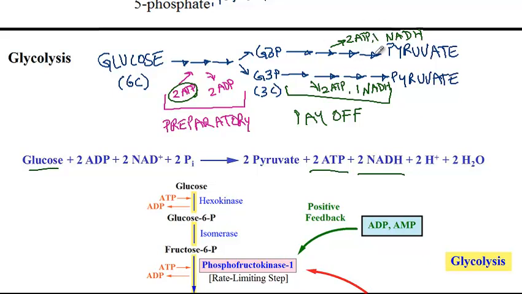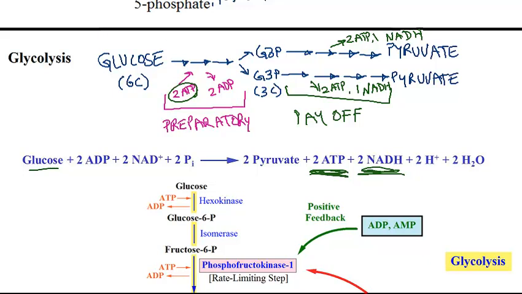So here 4 ATP minus 2 ATP that was initially consumed yields 2 net ATP. And then 1 NADH and another NADH for the second glyceraldehyde triphosphate will yield 2 NADH. So this is basically the net reaction that you should be familiar with for the glycolysis.